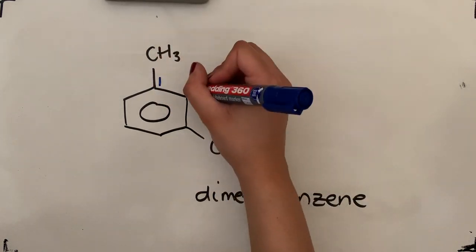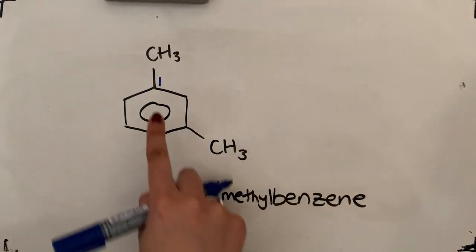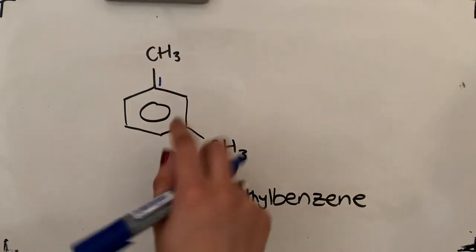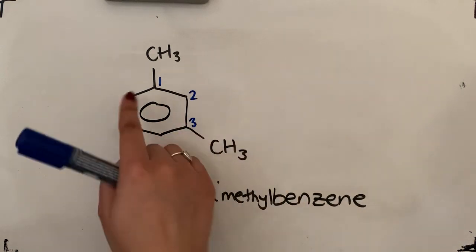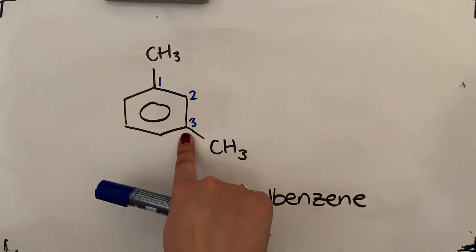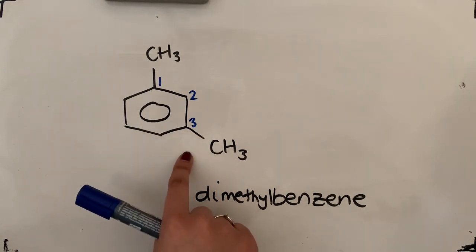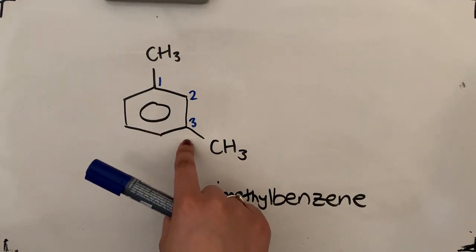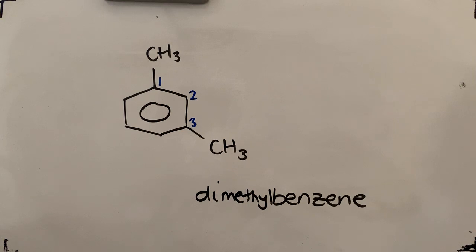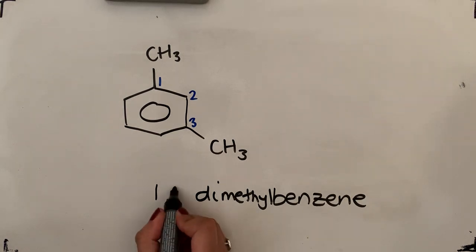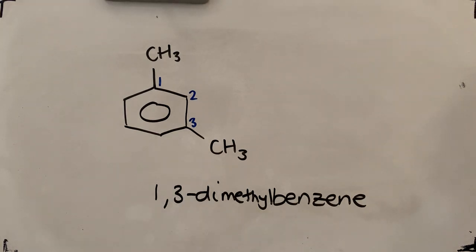So the best way to do that is start at that one being number 1. If I go clockwise, this one will end up on number 3. I don't want to go anti-clockwise because that's going to end up on 1, 2, 3, 4, 5, and that's a bigger number than 3. So this compound here is therefore called 1,3-dimethyl benzene.